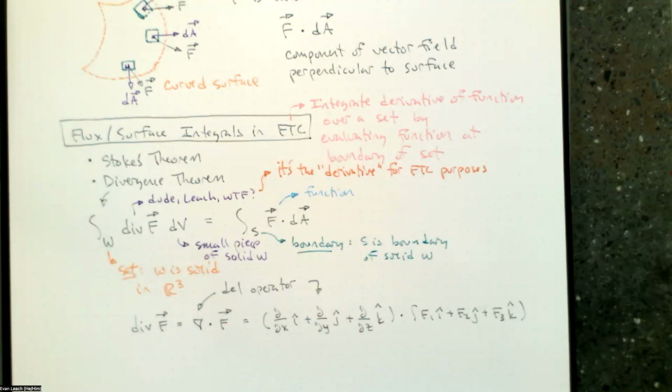It's an upside down delta. Oh, got it. We've been using it all along. If we just have a function of one variable, then instead of partial with respect to y and partial with respect to z, we just have the derivative with respect to x, and we apply it to a function.